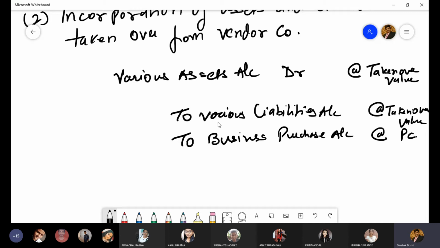Now we had debited business purchase in the first entry. Now here in the second entry we are crediting business purchase. So the business purchase account gets nullified over here.